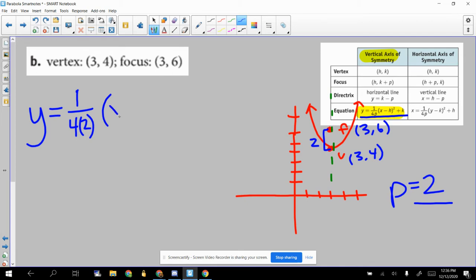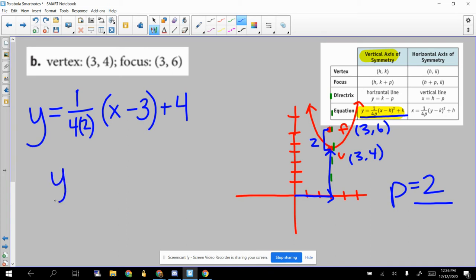Then times x minus, and now here's where we plug in our (h, k), which is our vertex. Our h is going to be 3. Remember, minus 3 means to the right 3, so that's good. And then we want to put plus 4, because that's where our vertex is.